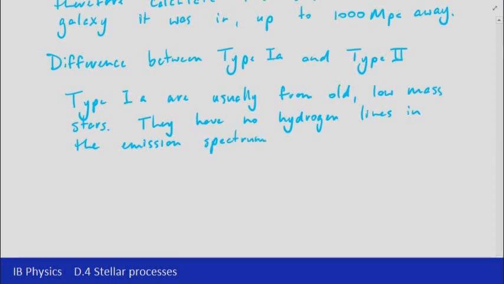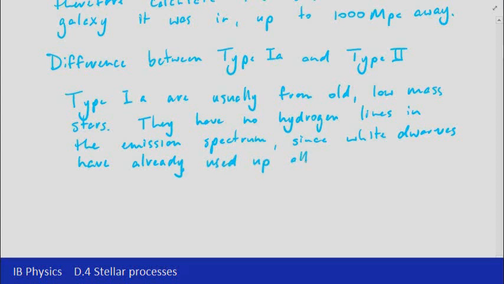And so for type 1a we don't see any hydrogen lines in the emission spectrum, and that's, as I said, since white dwarfs have already used up all of their hydrogen. So there's the first couple of points that are important about type 1a.